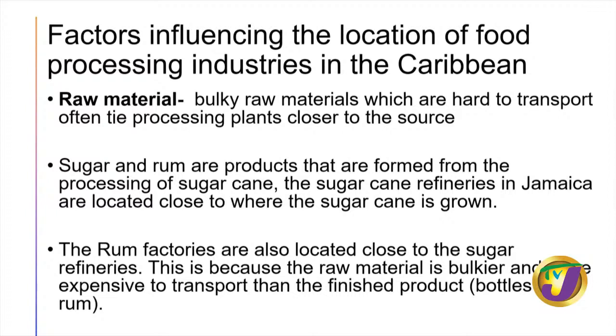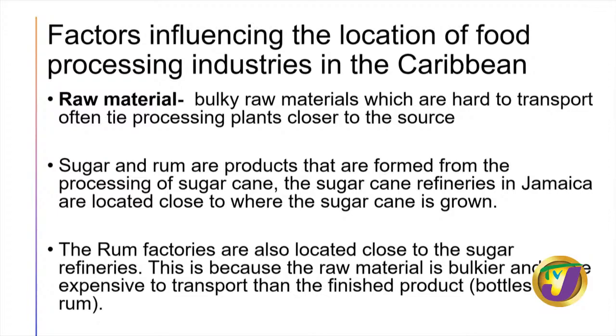Now, there are various factors that influence the location of the food processing industry in the Caribbean. And these factors are sometimes related to the nature of the raw material. They're related also to the location of the markets.